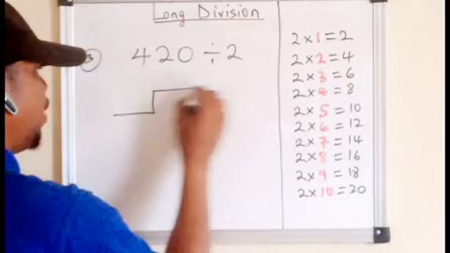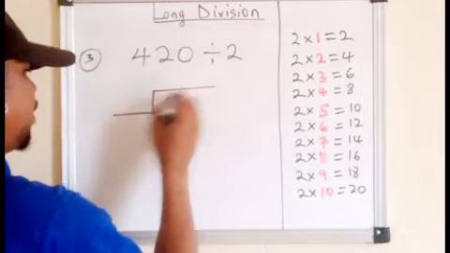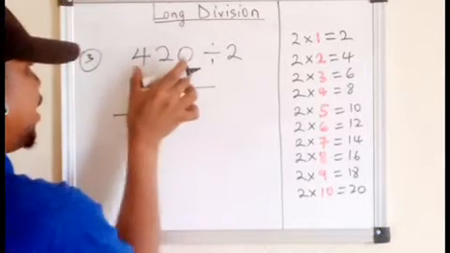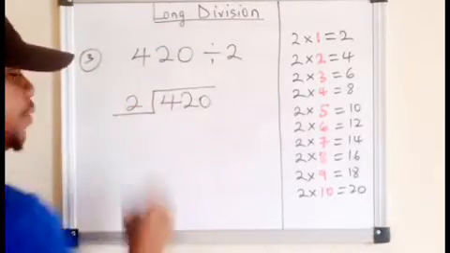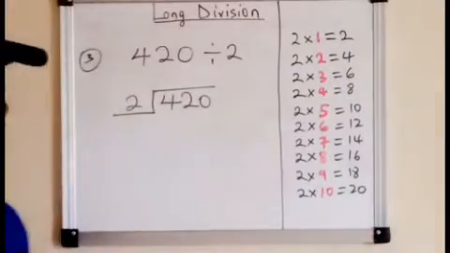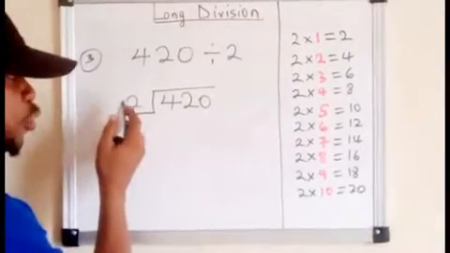So we draw our division symbol, and attach this number 420 inside, and then the 2 should be outside. And then we also make use of our multiplication table for 2.